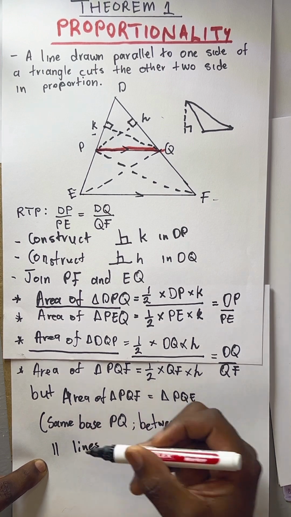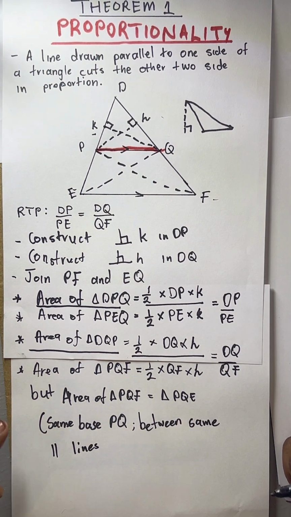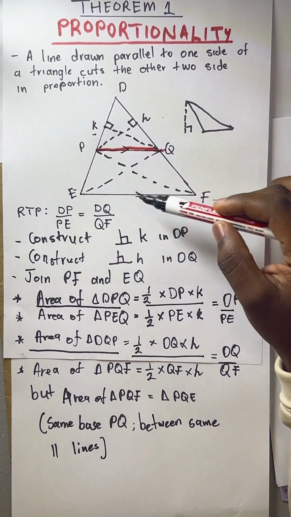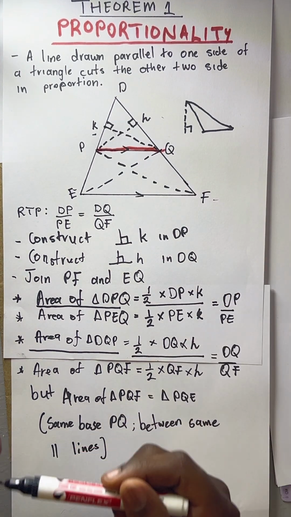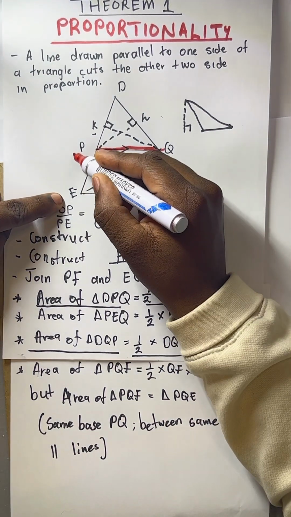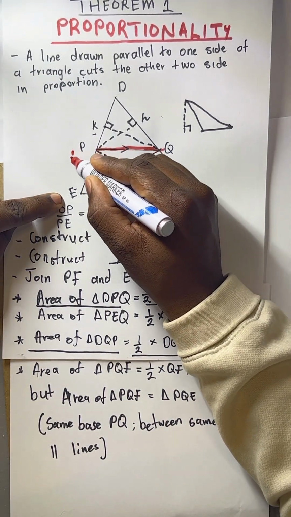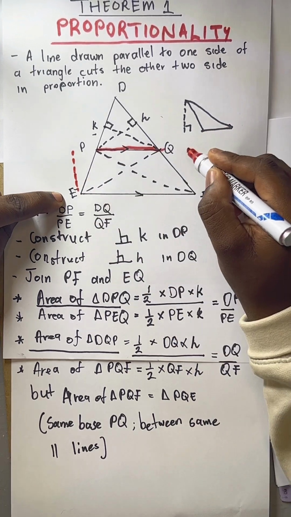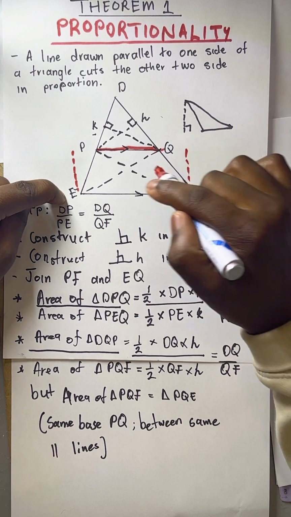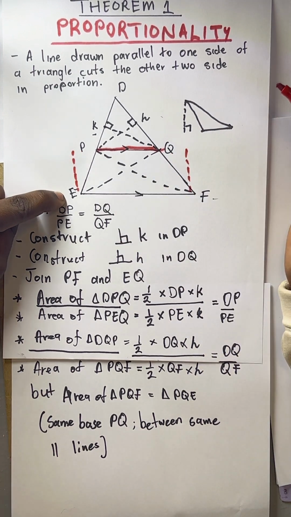So if they are between the same parallel lines, automatically these two triangles are going to be the same. Or we can also say, let's say you have constructed your height here, in the side. Can you see that they are actually going to have the same height, right?